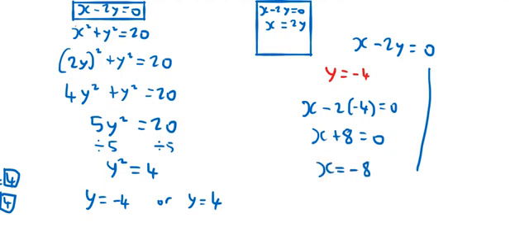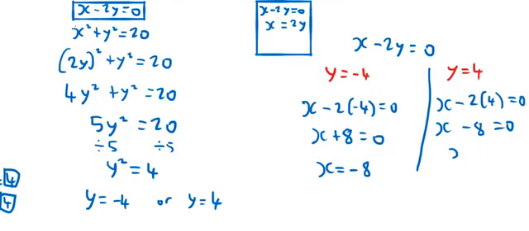The second one, for y equals 2, I'm going to get x minus 2 times 2 equals 0. So x minus 4 equals 0. So x equals 4.